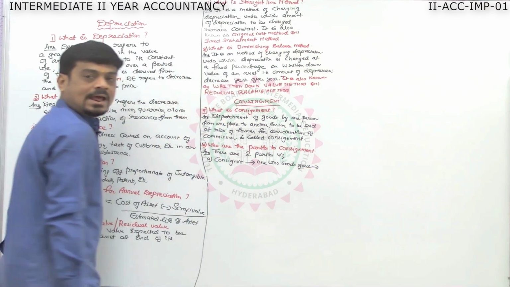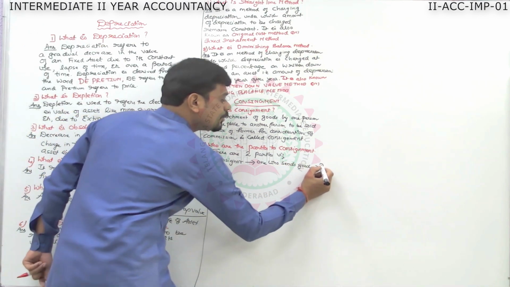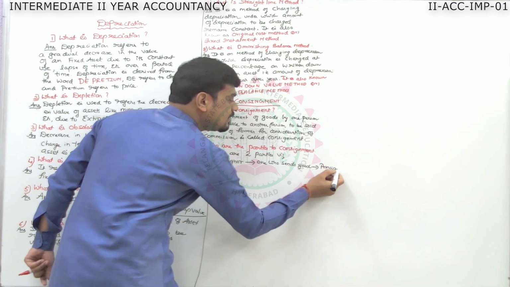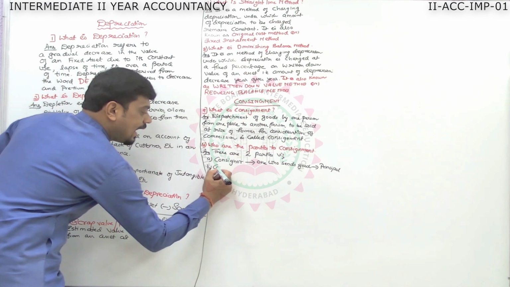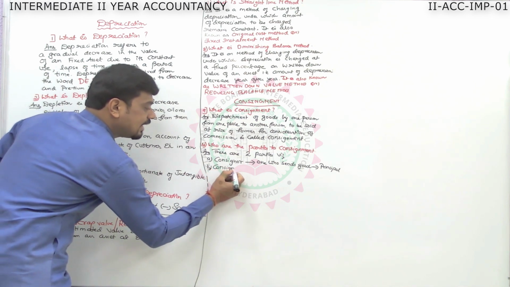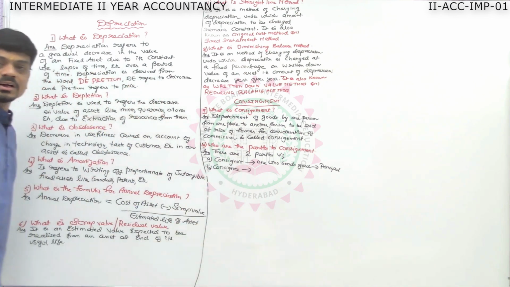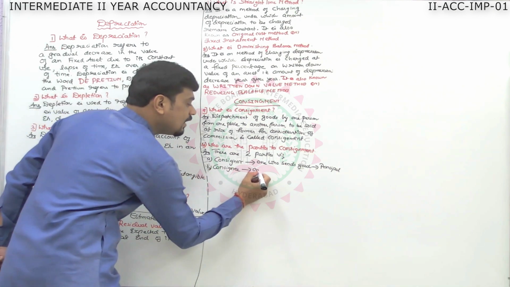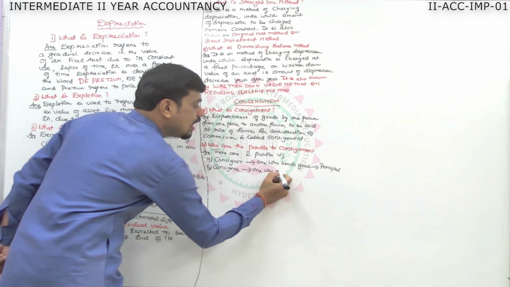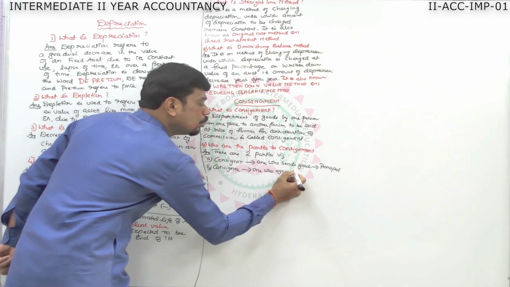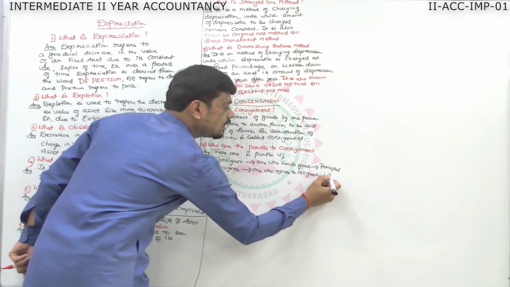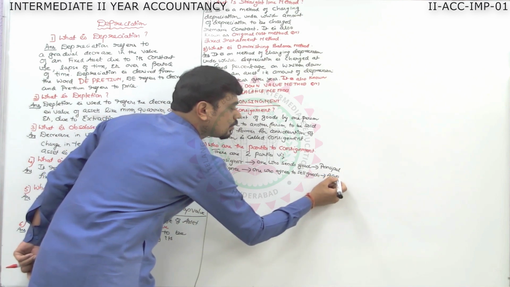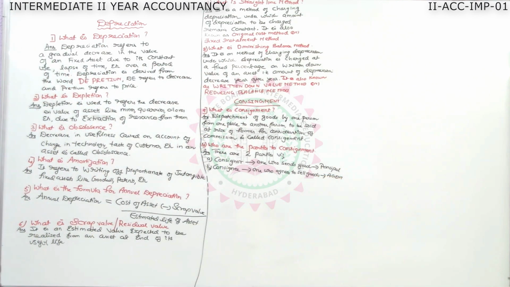You can write one more arrow here and you can write principal. Means he is called principal. Then you can write B and you can write consignee. You can put an arrow here. One who agrees to sell goods. You can write here agent. So this is your answer.